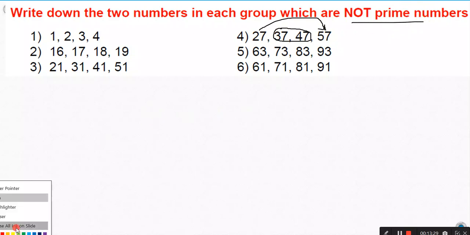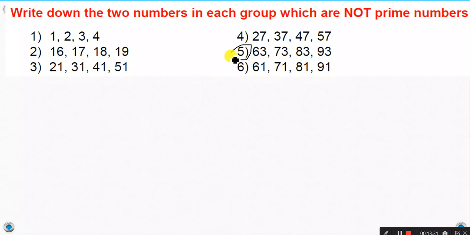Again, let us move to number 5. Here we are given 63, 73, 83, 93. As we see, 63 is not a prime because it is divided by 3, 21, 7, 9. It has so many factors, so it is not a prime.